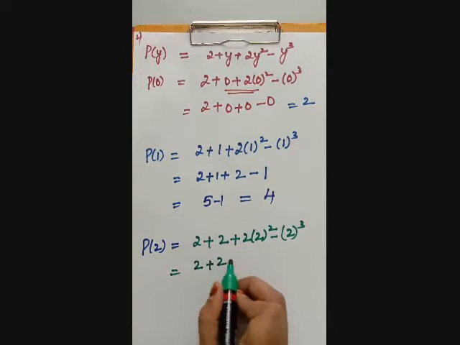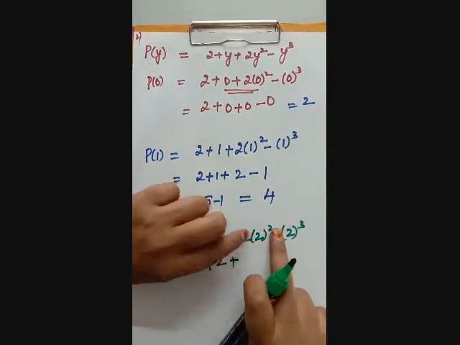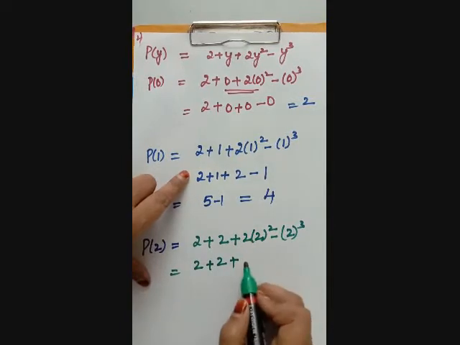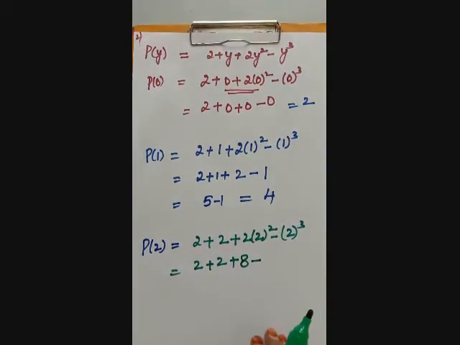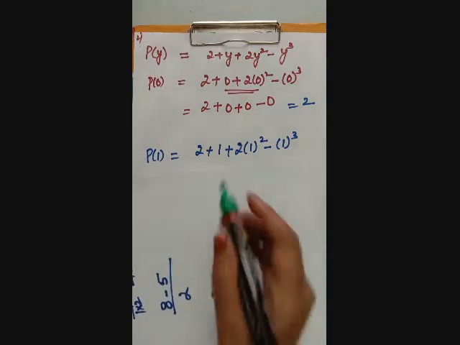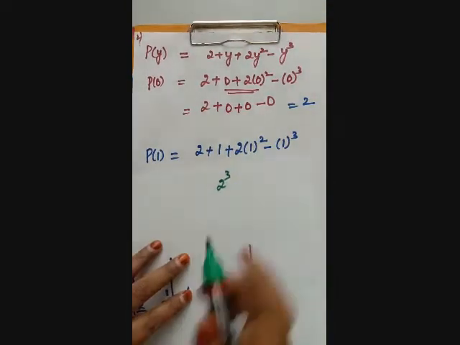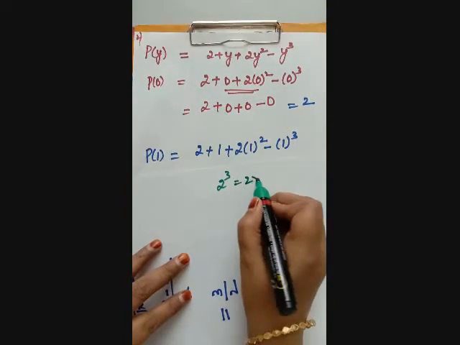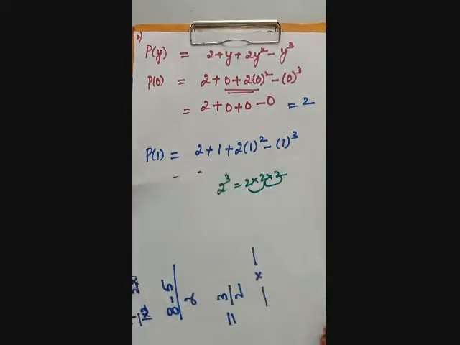2 plus 2 into, listen here, 2 square is there, 2 2s are 4, 4 2s are 8, minus 2 to the power of 3. 2 to the power of 3 is nothing but 2 into 2 into 2. 2 2s are 4, 4 2s are 8.